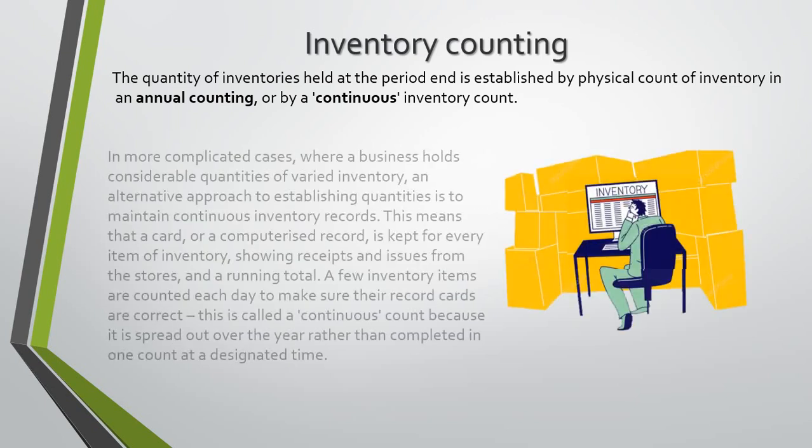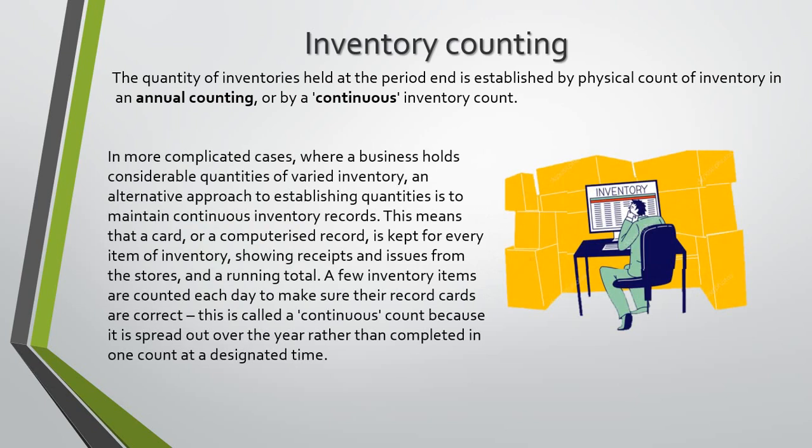In more complicated cases, where a business holds considerable quantities of varied inventories, an alternative approach to establishing quantities is to maintain a continuous inventory record. This means that a card or computerized record is kept for every item of inventory, showing receipts and issues from the stores and a running total.